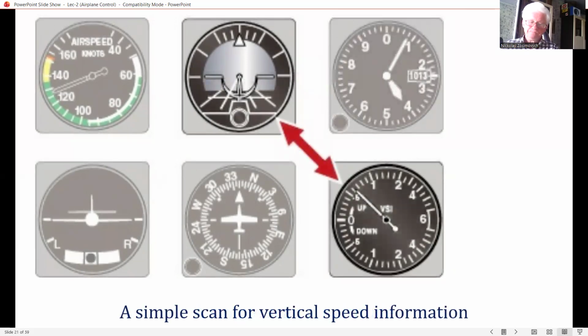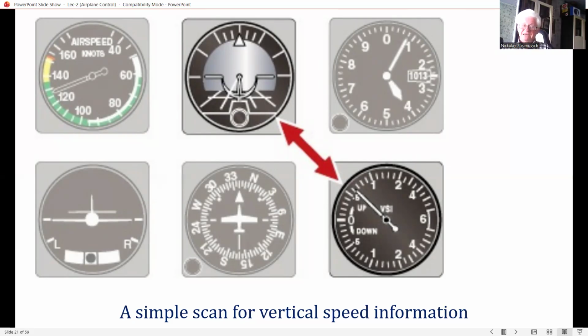Vertical speed. The rate of change of altitude, either as rate of climb or rate of descent, is in feet per minute and can be monitored on the vertical speed indicator, VSI, by moving the eyes from the AI diagonally down to the right to the VSI before returning to the AI.